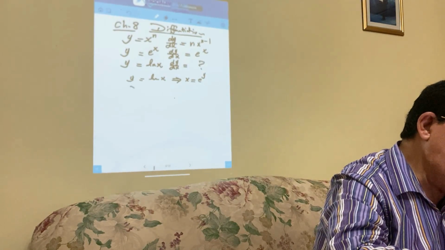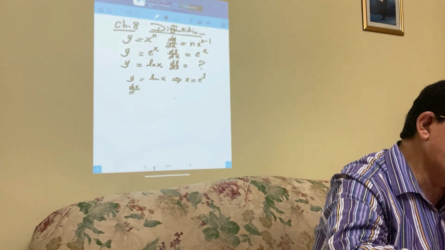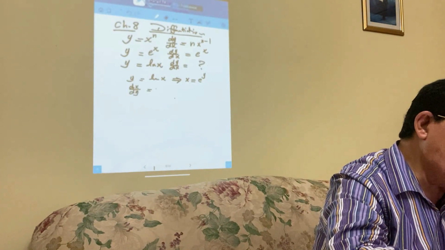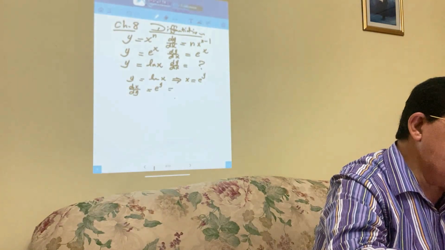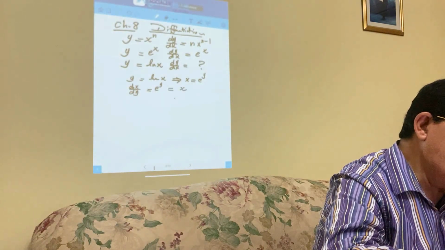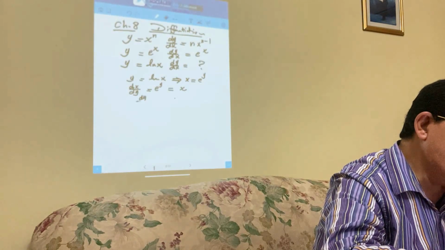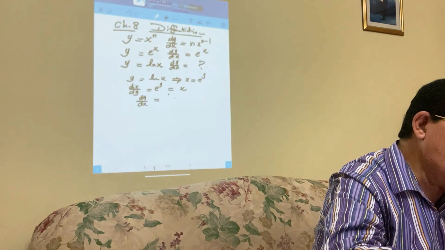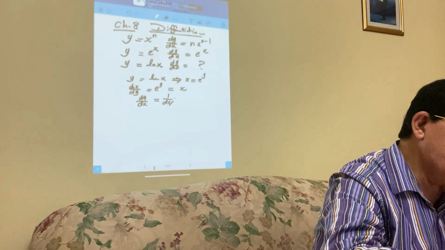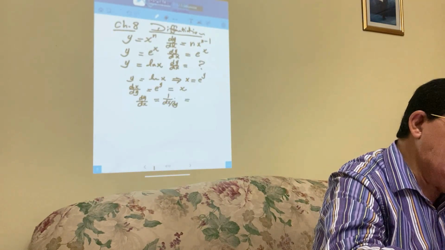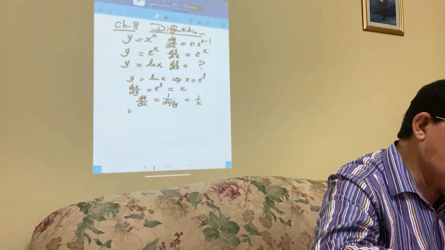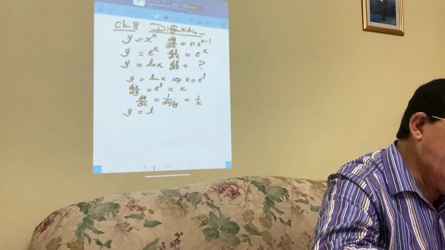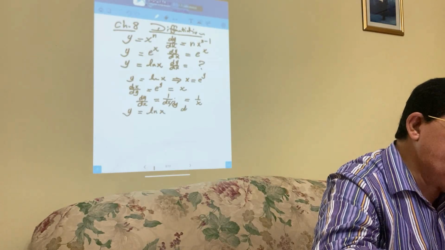This means dx by dy equals e to the power y, and e to the power y equals x. Therefore, dy by dx, which is 1 over dx by dy, is 1 over x. Therefore, if y equals ln x, then dy by dx is 1 over x.